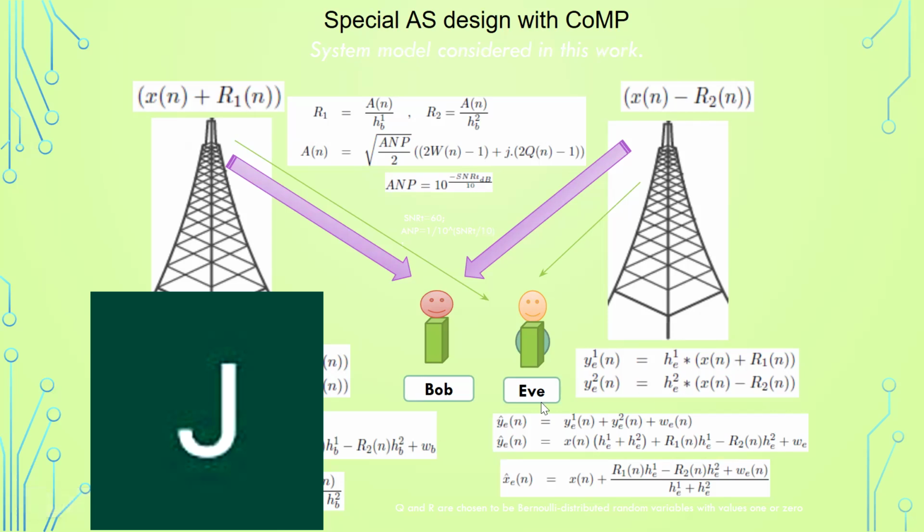But for Eve, because the signal is a function of Bob's channel, she will not be able to cancel them when she adds the signal from the first base station with the signal from the second base station. As you can see here, they will not cancel each other, and therefore you will still receive noise and interference at Eve, and therefore Eve will not be able to decode the signal successfully.